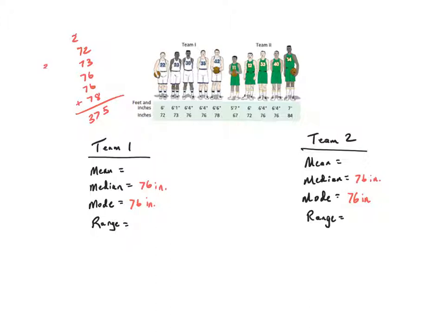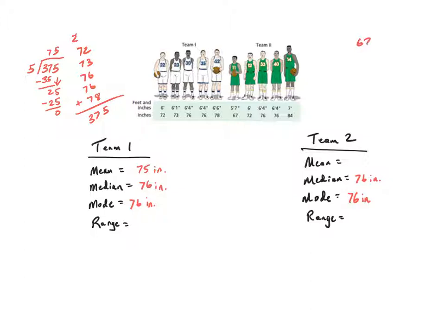So if I take that 375 total height, if I stacked all the players on top of each other and then divided by the 5 people on the teams, I'd find out that we have a mean or an average height of 75 inches for team 1.